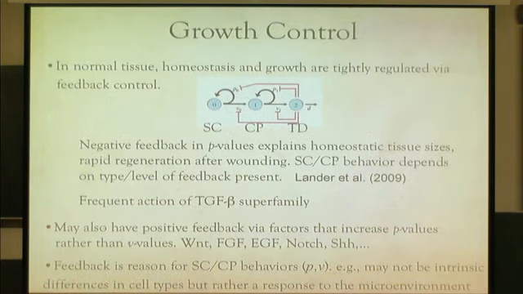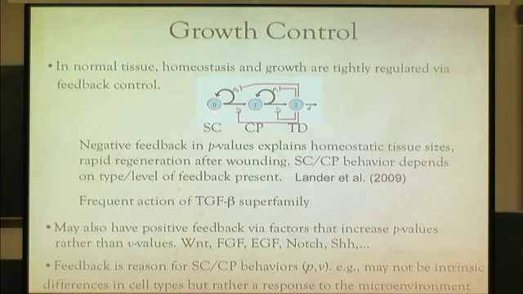But there are also examples of indirect control, and in fact in normal tissue, homeostasis and growth are tightly regulated by feedback control. And so here's an example of a lineage, so the fundamental component of a tissue, where you have stem cells, some set of progenitor cells, and then a terminally differentiated cell.